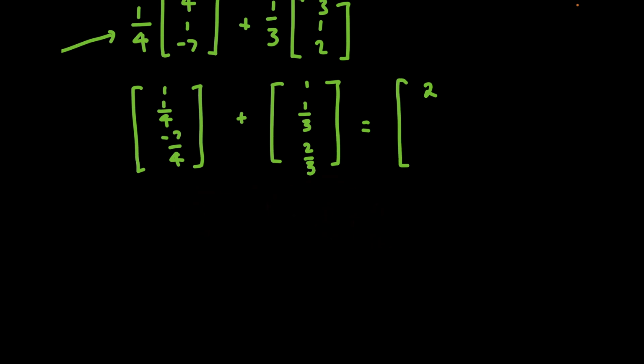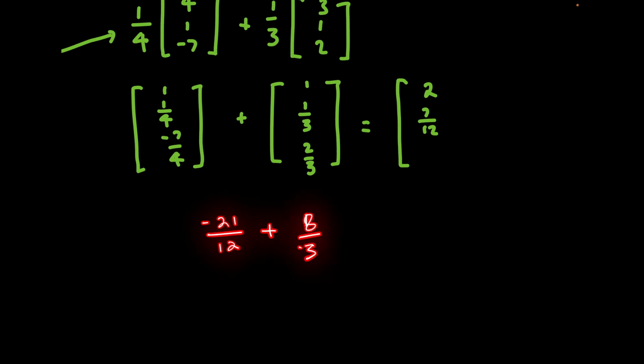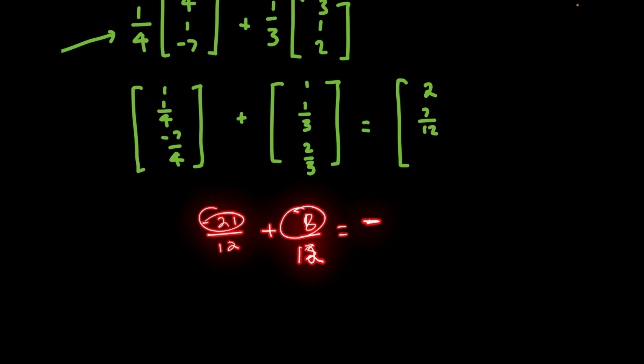That's the same as 7 on 12, so 7 over 12. And then the last one, minus 7 on 4 plus 2 on 3, that's the same as minus 21 on 12 plus 8 on 12, which gives us minus 21 plus 8, which is minus 13, all over 12.